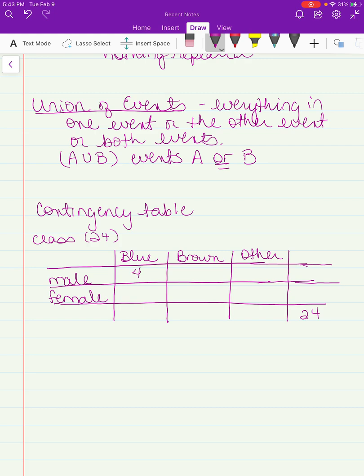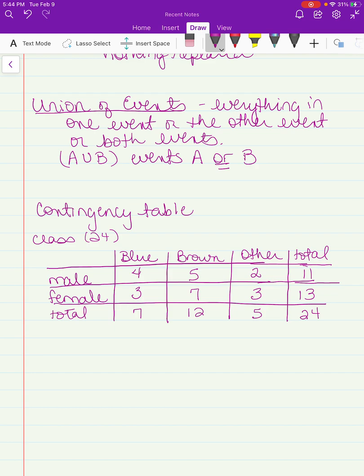Let's go 4 and 3 and 5 and 7 and 2 and 3. So that should give me 7 total with blue eyes. That should give me 12 total brown eyes, which is 19 and 5. So that gives me 24. And 11 males and 13 females, which also gives me 24.